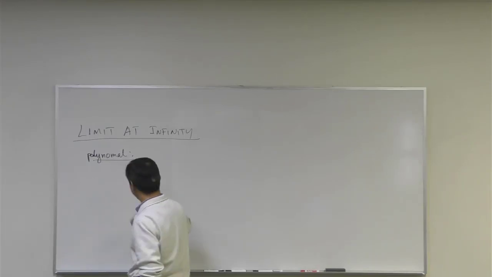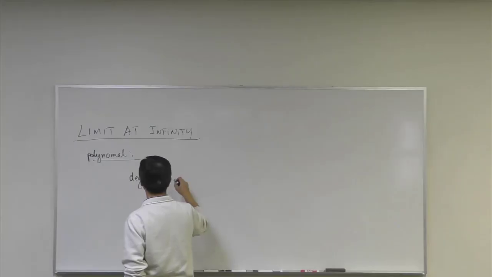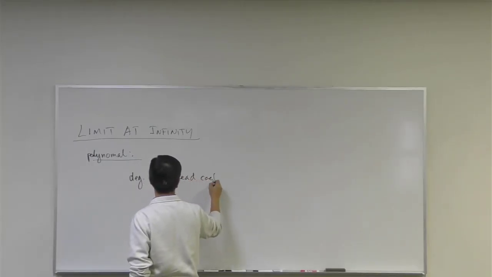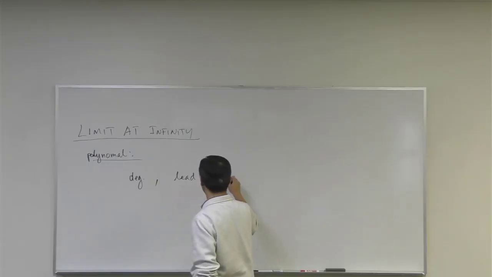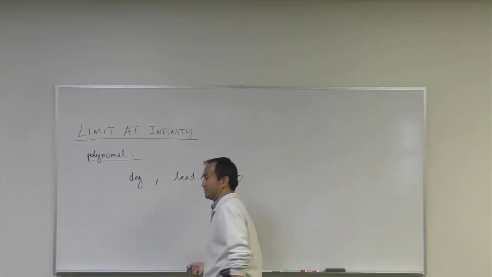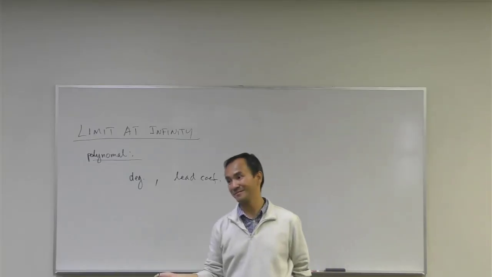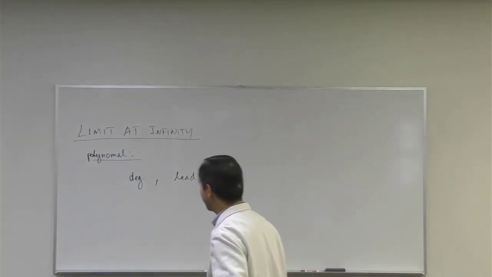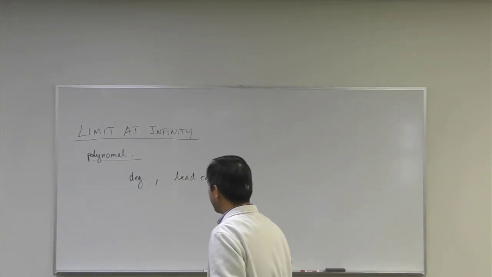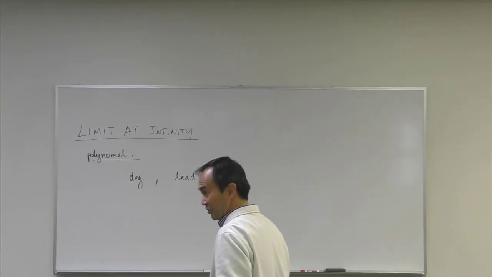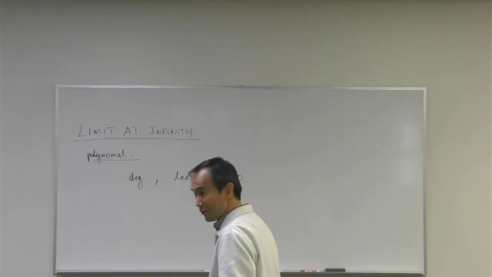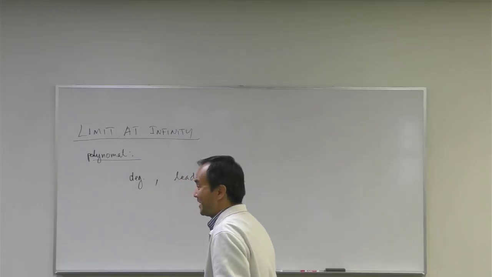That's the degree. And there's always a leading coefficient, and the leading coefficient has to be a non-zero value. A lot of times when you're studying a polynomial, you're studying the degree and the leading coefficient, and they will tell you a lot about your polynomial.